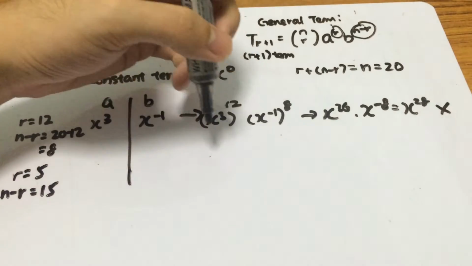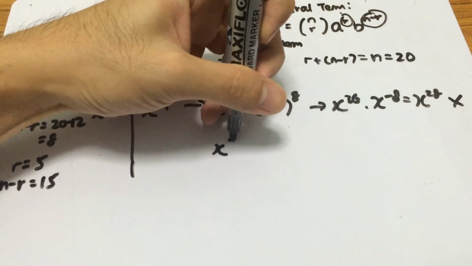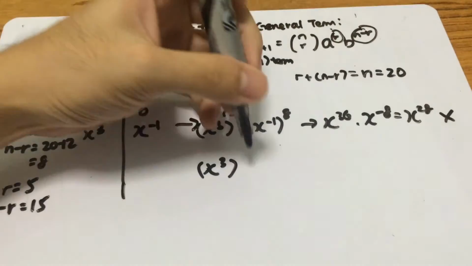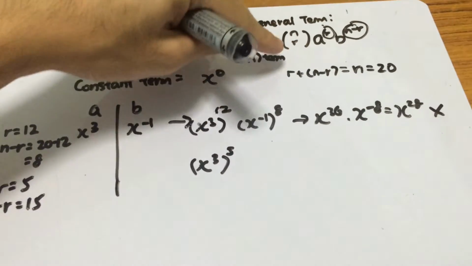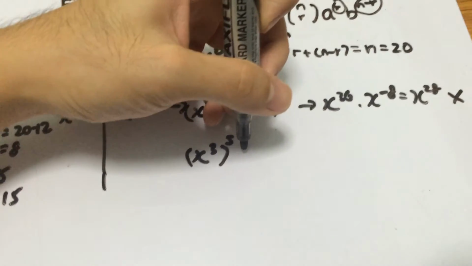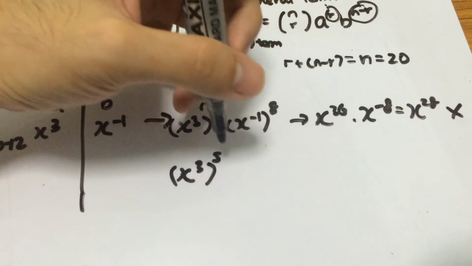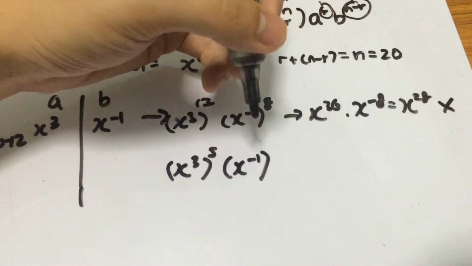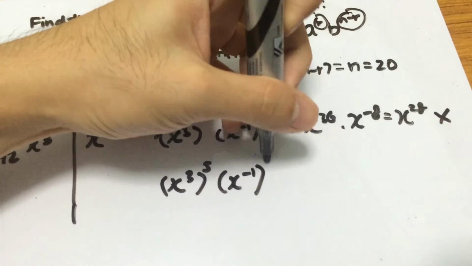So what we have down here is that my A is x cubed, so x cubed to the power of 5, because R is equal to 5, while my B is x to the power of -1, which is to the power of 15.